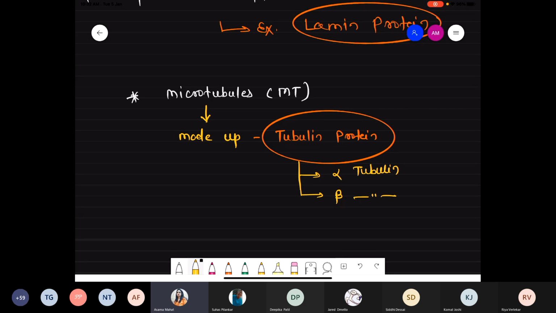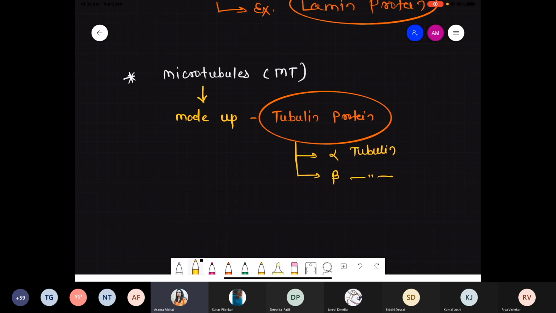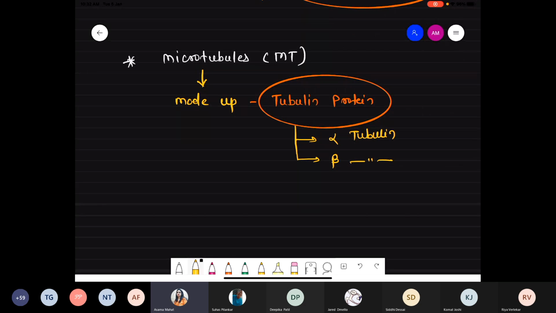Normally, microtubules are responsible for cell movement, and for cytokinesis, etc. We have seen many functions. Now one tubulin joins with another tubulin. Suppose these are the tubulins: alpha, beta, alpha, beta, alpha, beta.